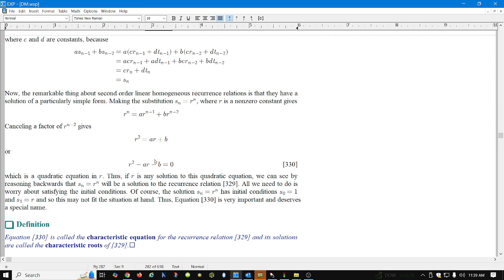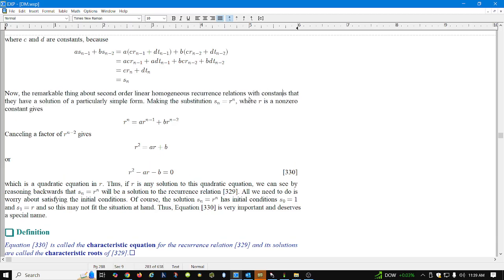Now, the remarkable thing about second-order linear homogeneous recurrence relations, I should add, with constant coefficients, is that they have a particularly simple solution. Try Sn equals r to the n, where r is a non-zero constant. Plug that into the recurrence relation, and you get this.